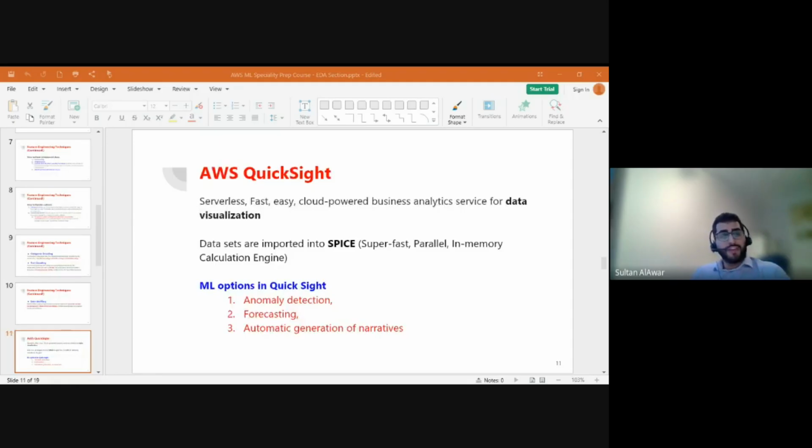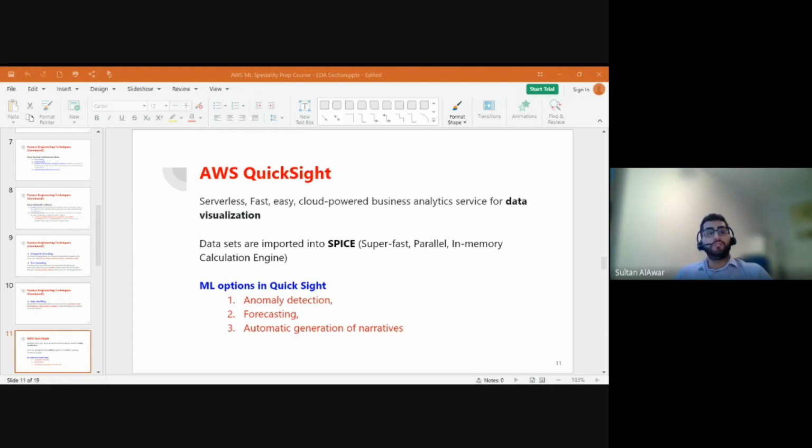We're going to talk about AWS QuickSight. We did cover this in our previous video, but here we're going to talk about it from an EDA perspective. AWS QuickSight is a visualization tool, which is a serverless, fast, easy, cloud-powered business analytics service for data visualization. It has an important feature where datasets are imported into SPICE, which stands for Super-fast, Parallel, In-memory Calculation Engine.